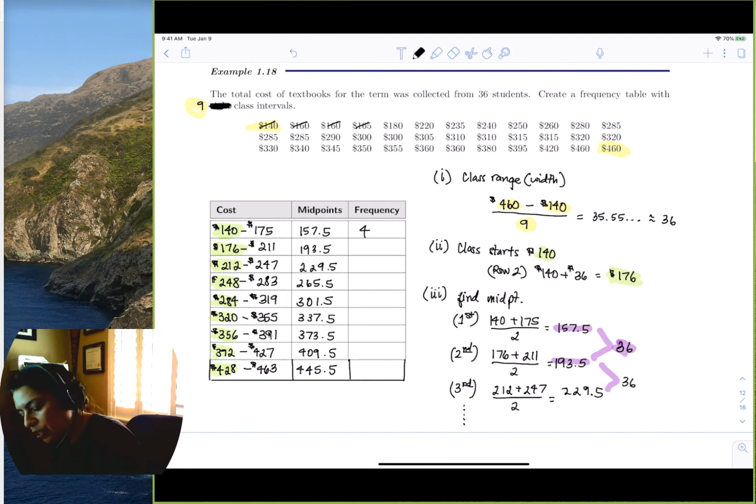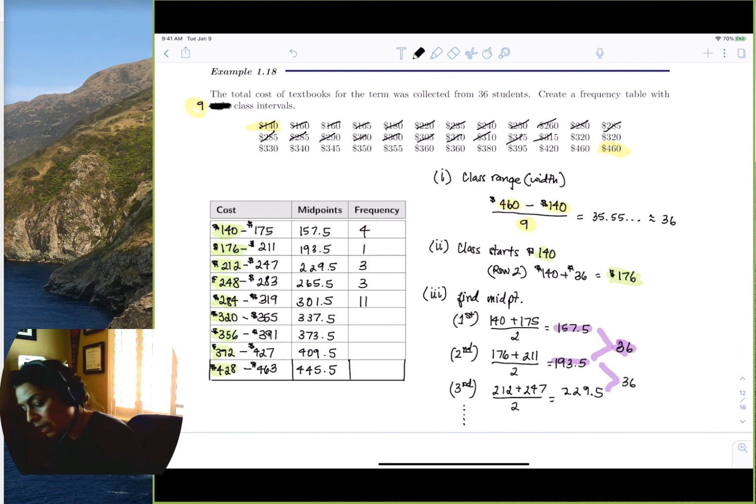So how many between 176 and 211? 212 to 247, 1, 2, 3. 248 to 283, 1, 2, 3. 284 to 319, so 1, 2, 3, 4, 5, 6, 7, 8, 9, 10, 11.